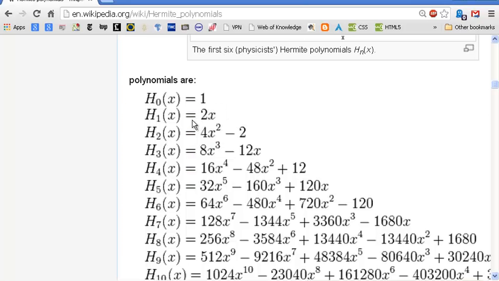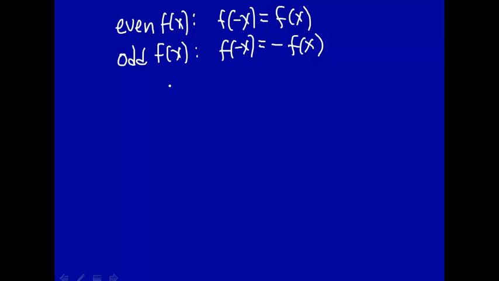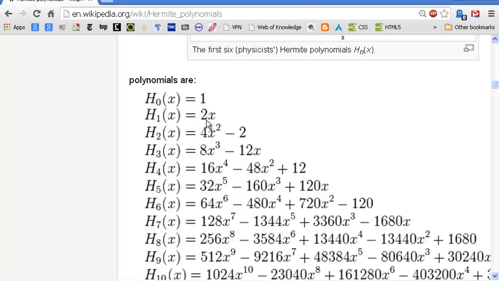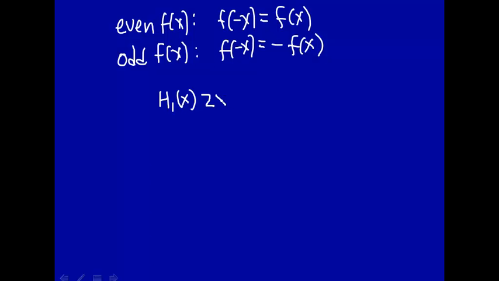So let's look at H_1. So H_1 of x, and again, this x is a different x from the x we're using. This is a dimensionless number. H_1 of x, we say, is 2x. Now, is H_1 even or odd, or could it be neither even nor odd?